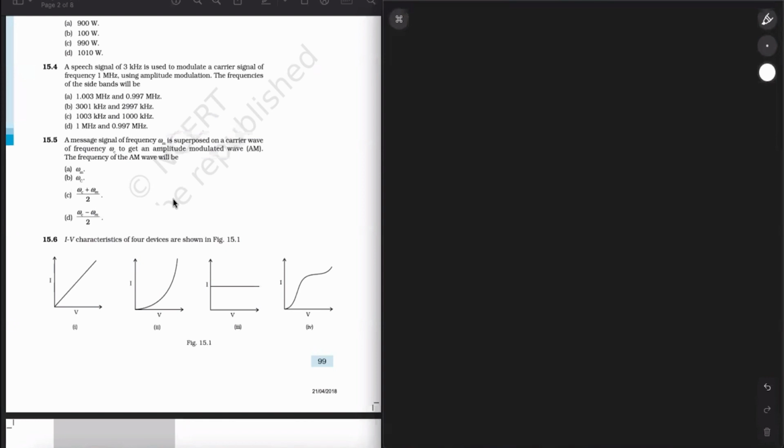We'll talk about the concept behind this question first, because this is a slightly medium level question. The process of changing the amplitude of a carrier wave in accordance with the amplitude of the audio frequency AF signal is known as amplitude modulation. First of all, write it down. Amplitude modulation is the process of changing the amplitude of the carrier wave in accordance with the amplitude of the audio frequency, AF.